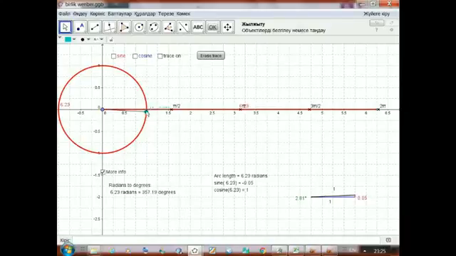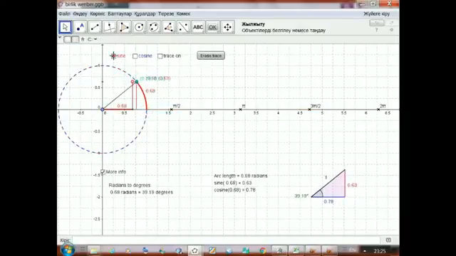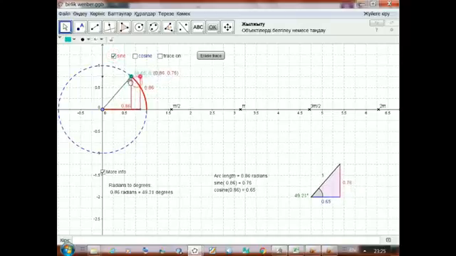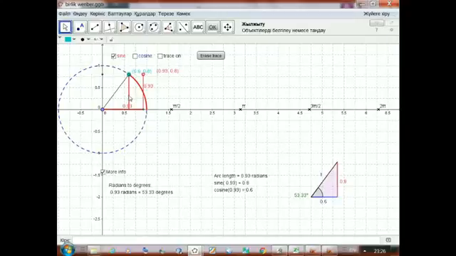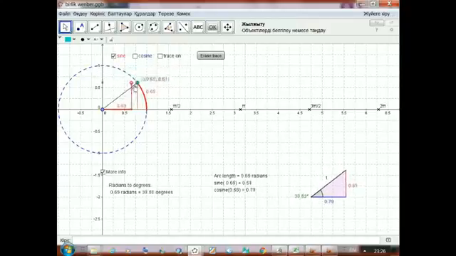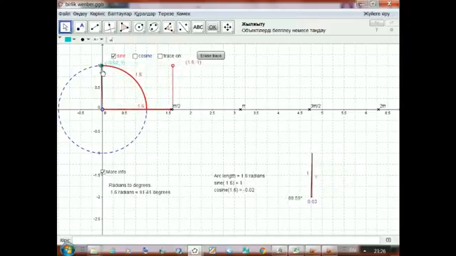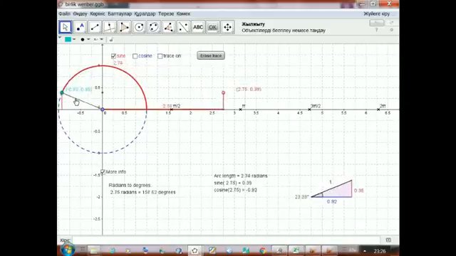2 pi. Okay, now the sine function we're learning. As you see, the length of this line segment, if you remember, gives us the value of sine. As we increase the angle, the line segment is increasing.